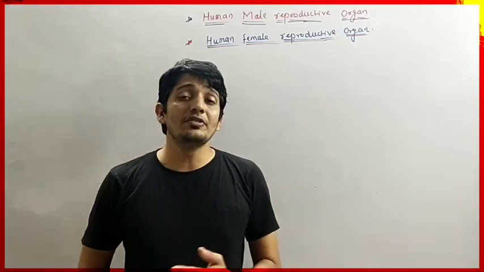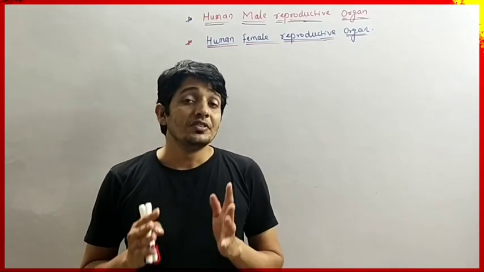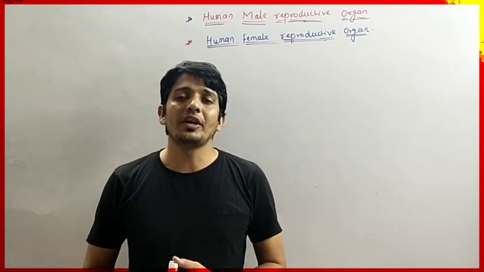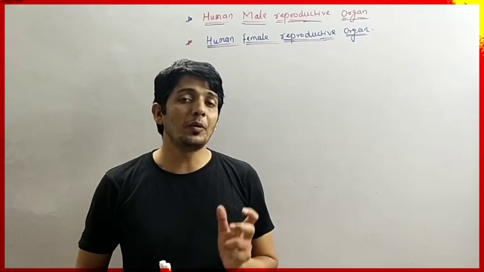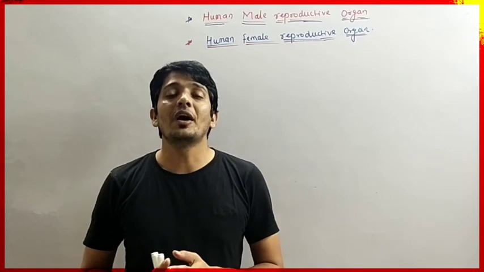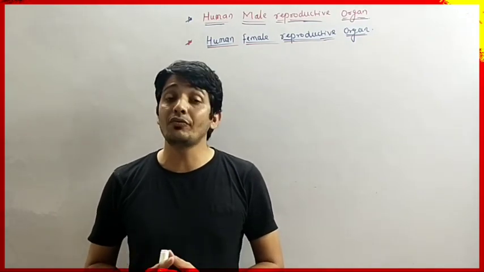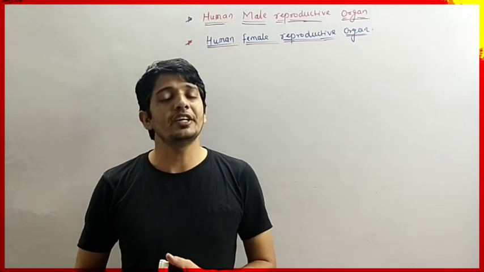So students, as we have understood the male and female reproductive organs, this part is very important because in human reproduction these two parts play an important role in the secretion of the egg cell in the case of female and the sperm cell in the case of male.